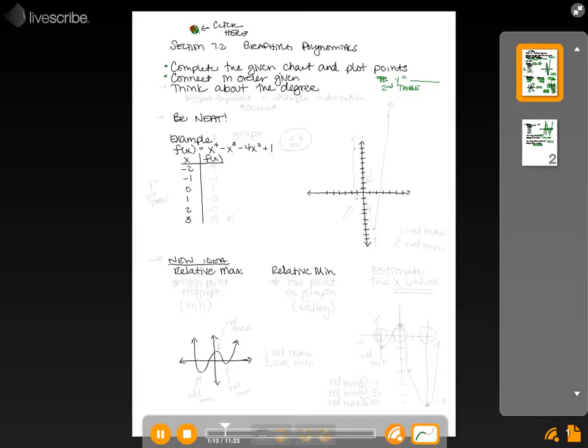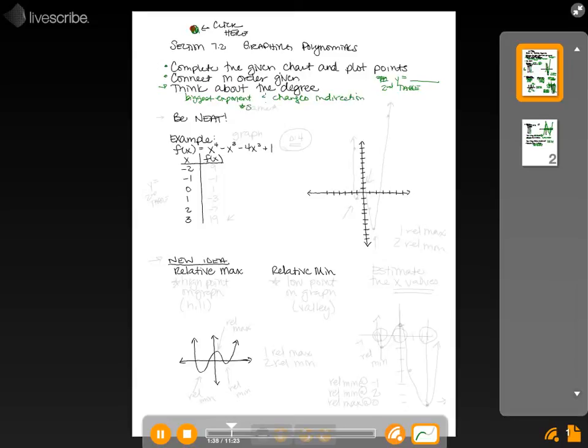Now there's a couple things to think about, in particular the degree, and you want to think about what the degree means. Remember, it's the biggest or the greatest exponent in an equation or an expression. And what that tells you is how many changes in direction there are in the graph.